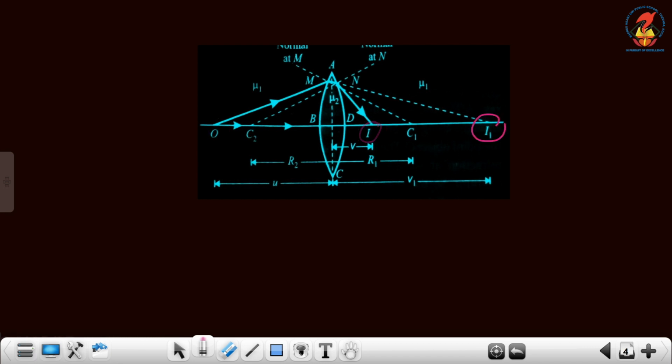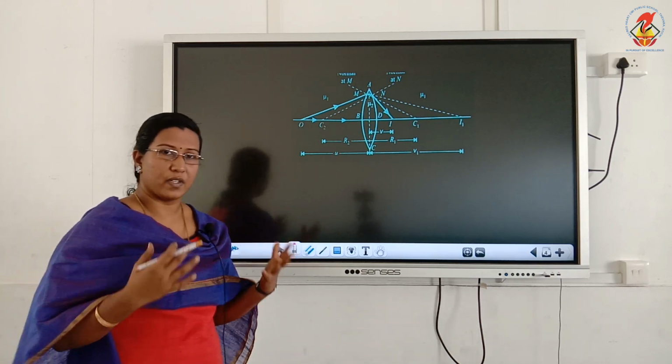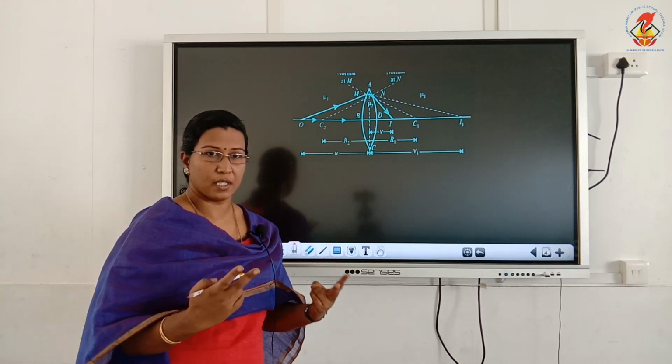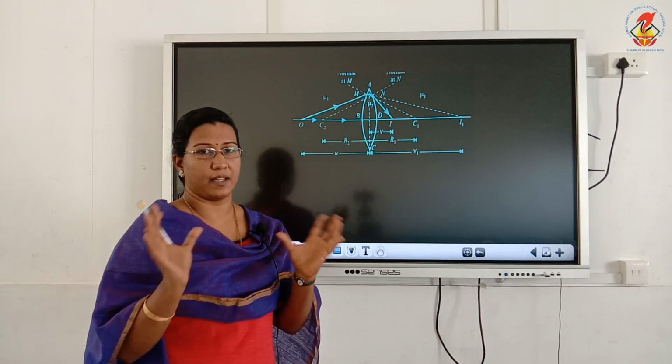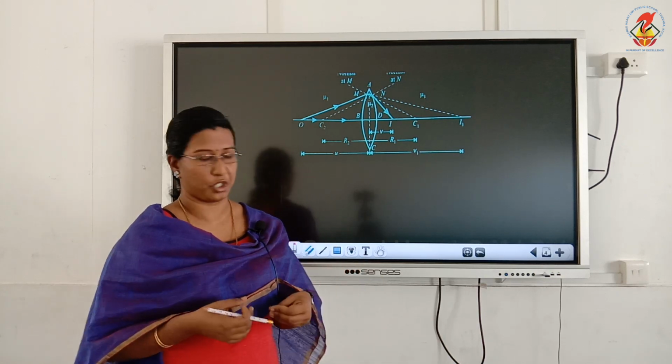We won't be able to see the real or virtual object created by ABC. So, we just formulate 2 sets of equations, and we add the equations and we will find the final equation for lens maker's formula. It's a very simple derivation.